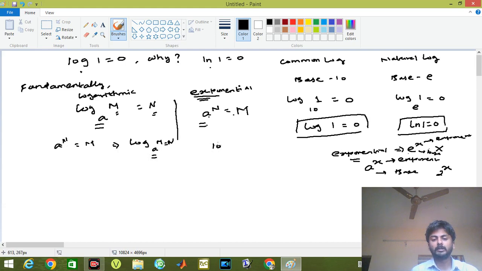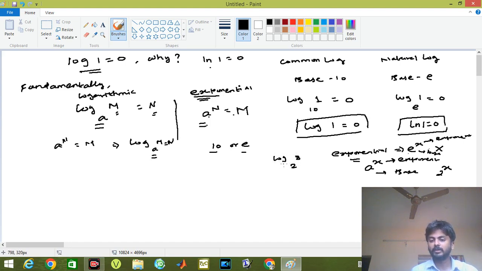So our base should be either 10 or e, not anything else, for our result. We had already discussed log 8 to the base 2 in some other video. That is log of a constant with some other constant base, not 10 or e.